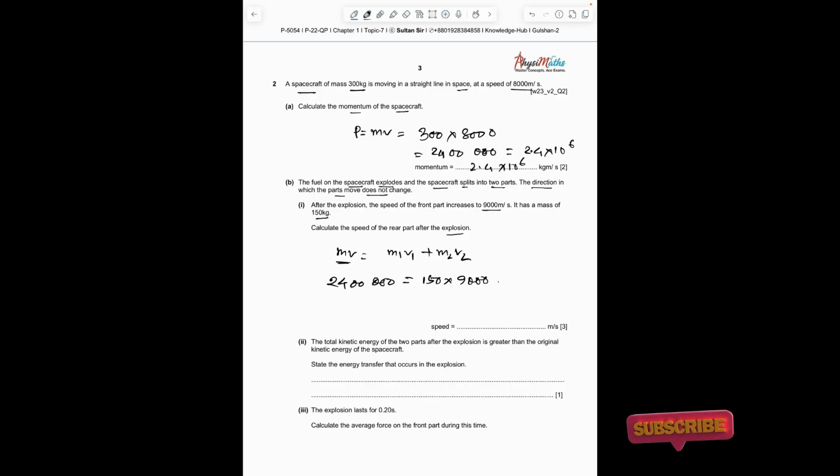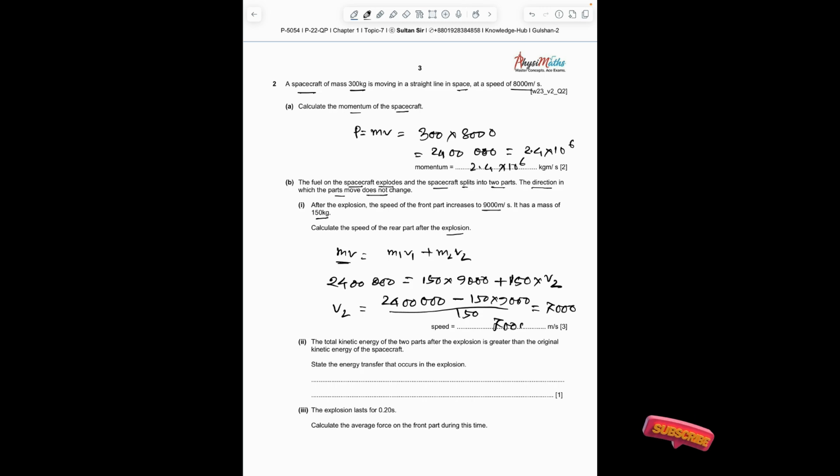Since the first part is 150 and the total mass is 300, the rear part will also be 150, and we don't know the speed. So v2 equal to 2,400,000 minus 150 into 9,000, divided by 150, and it will be 7,000. That means 7,000.